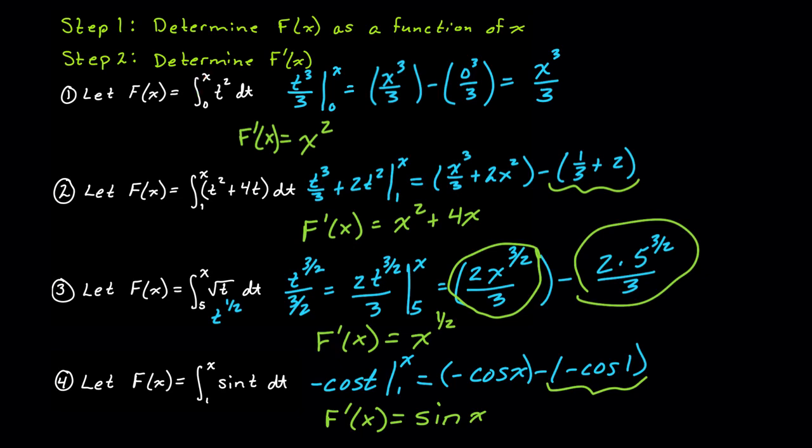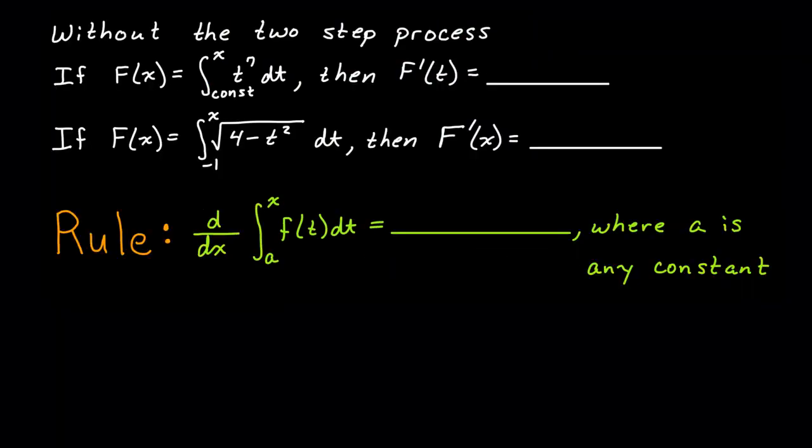And so let's look at this one right here. If capital F of x is equal to this integral from a constant to x, then all we have to do is substitute x in place of t to find f prime. So that would be x to the 7th power. This one would be square root of 4 minus x squared.